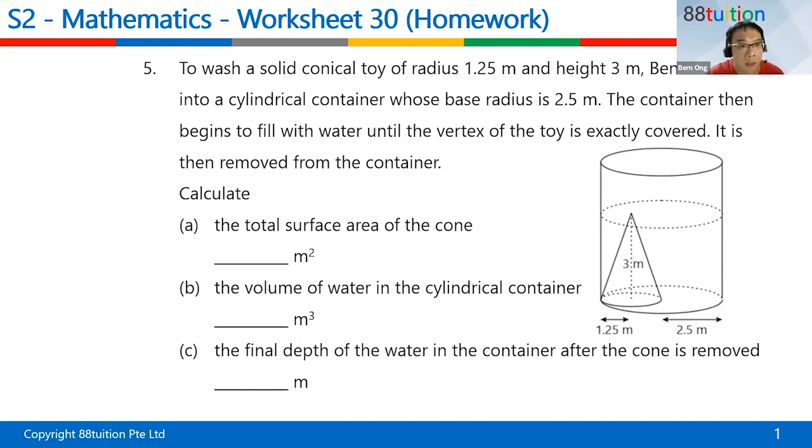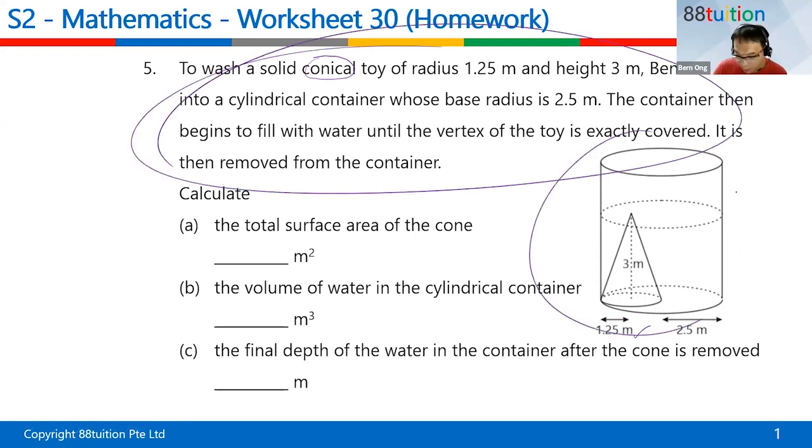All right, come, let's take a look at this question first. To wash a solid conical toy, conical means it's a cone, of radius 1.25 meter. So this is a cone of radius 1.25 meter, down here. Children, my advice to you: read the paragraph, look at the diagram.